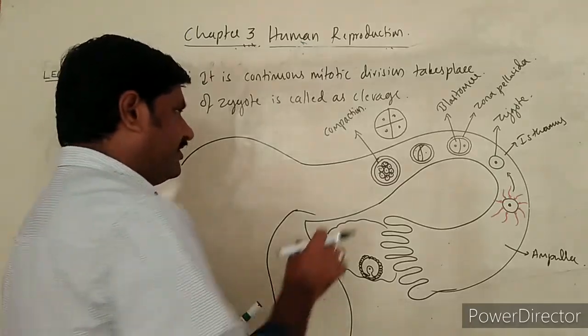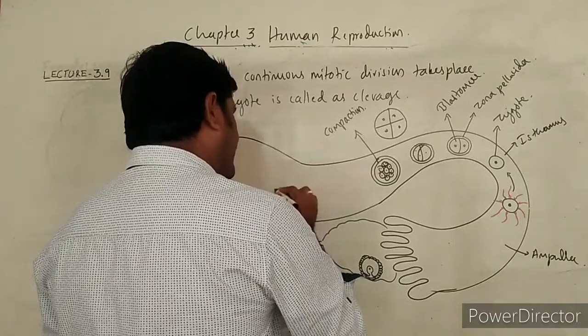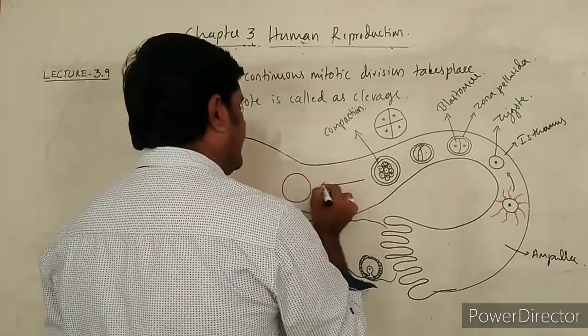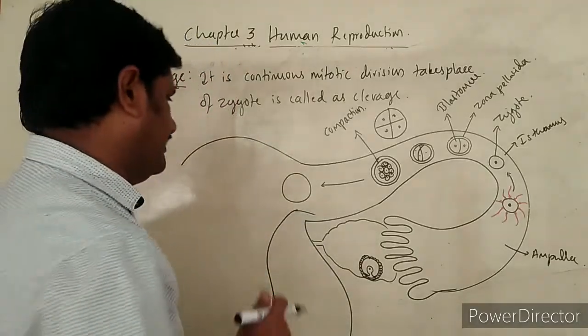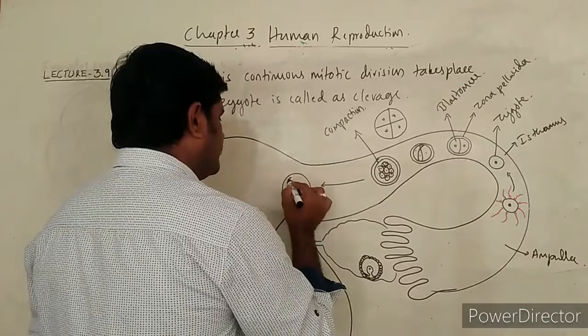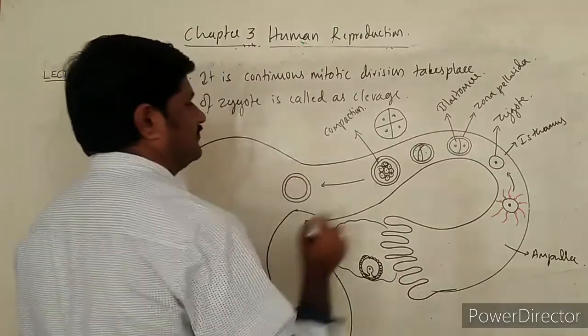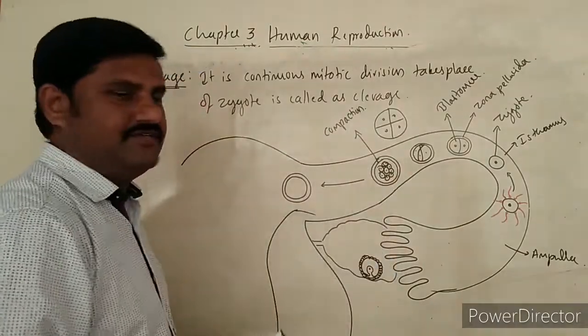Whenever it reaches the 8 to 16-celled stage, it comes to the entrance of what? The entrance of the uterus, right? So almost at the end of the 4th day. This occurs after 3 days of fertilization.